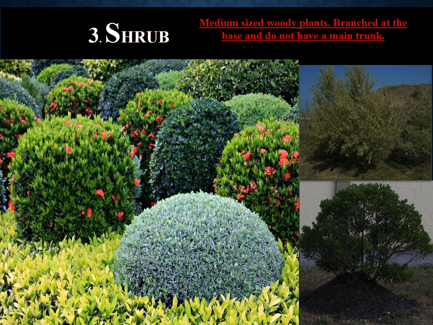The side shoots are well developed and there is no trunk like other trees. So, for example, Lantana, Abutilon, Hibiscus sinensis, rose, etc.